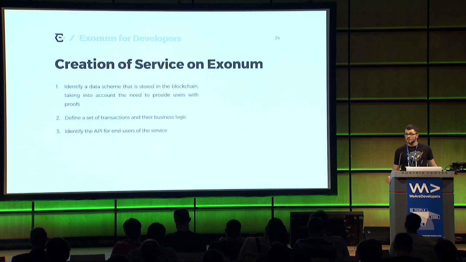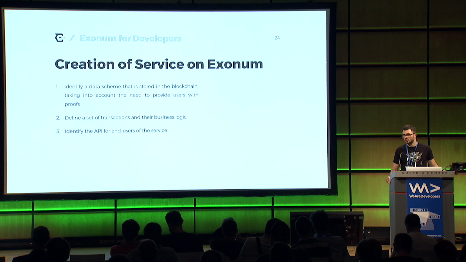Okay, so what do we need to create a classic service on Exonum? First of all, you need to identify which data you want to store and what the relations are between these entities you're going to provide. So you need to understand which data schema you want to use, in terms of relations, foreign keys, and all that stuff.